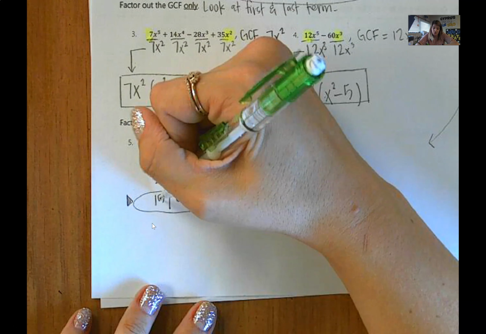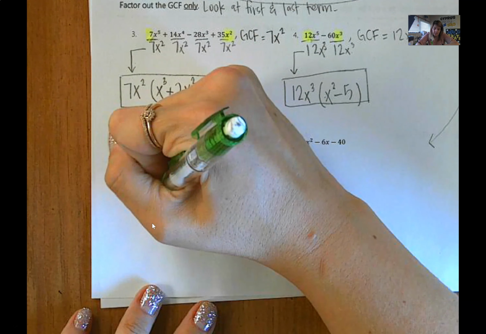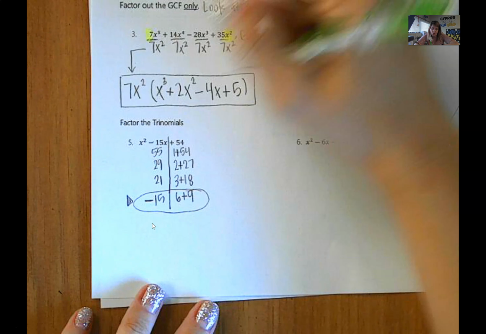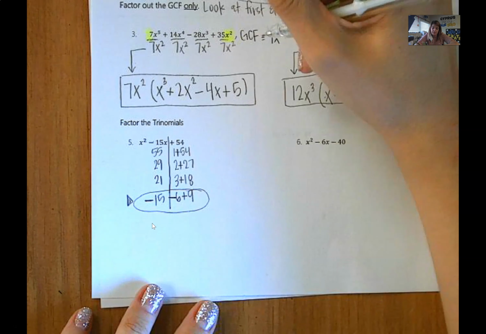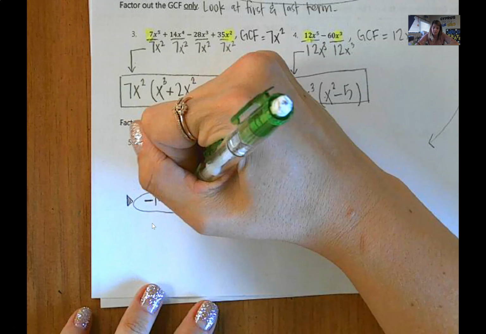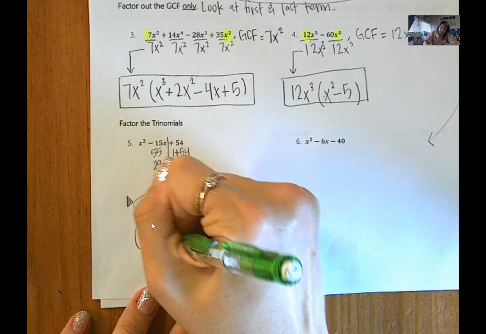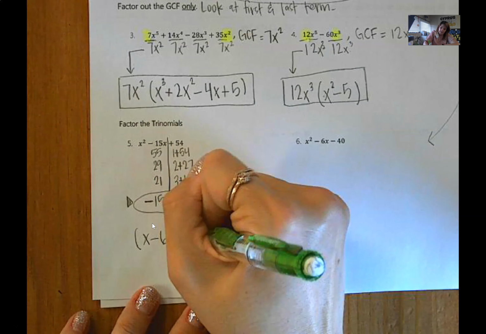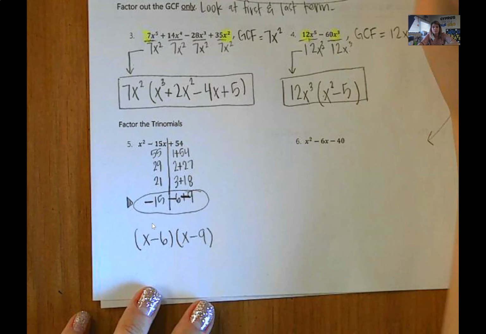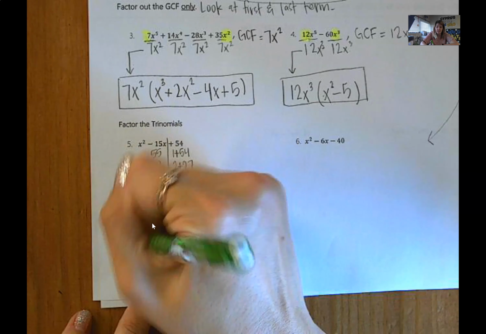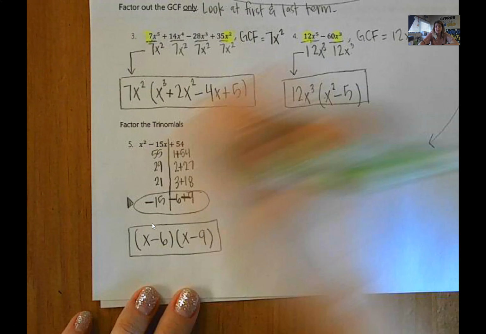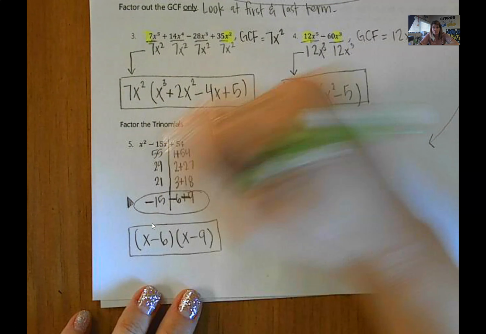So if I change the 15 to become negative, I also have to change the 6 to negative, and I have to change the 9 to negative. So this factors to x minus 6, x minus 9. This is the answer. Don't just say negative 6, negative 9. This is your answer.